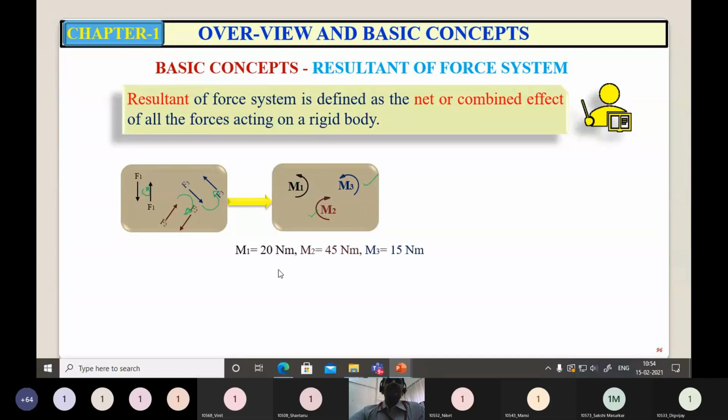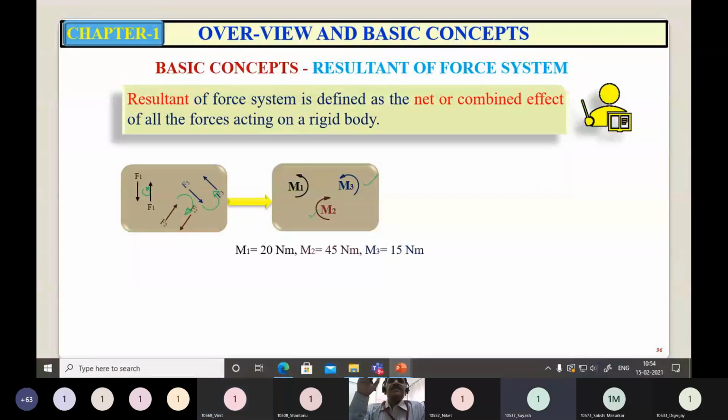Let us assume some values. M1 is 20 Newton meter, M2 is 45, M3 is 50. Now you tell me, what is the resultant force of this system? Anybody? Resultant force of this system? Please listen to my question carefully. I'm asking the resultant force.